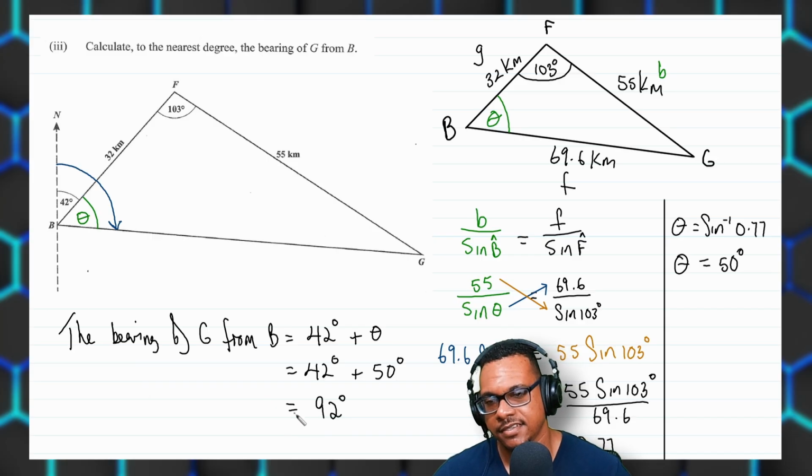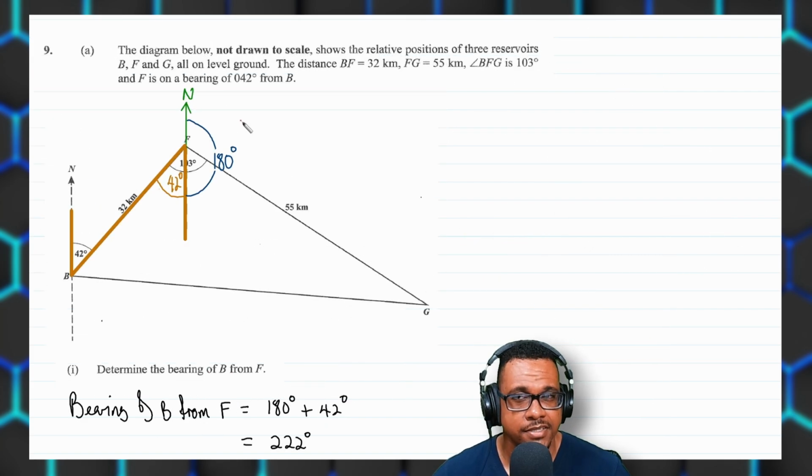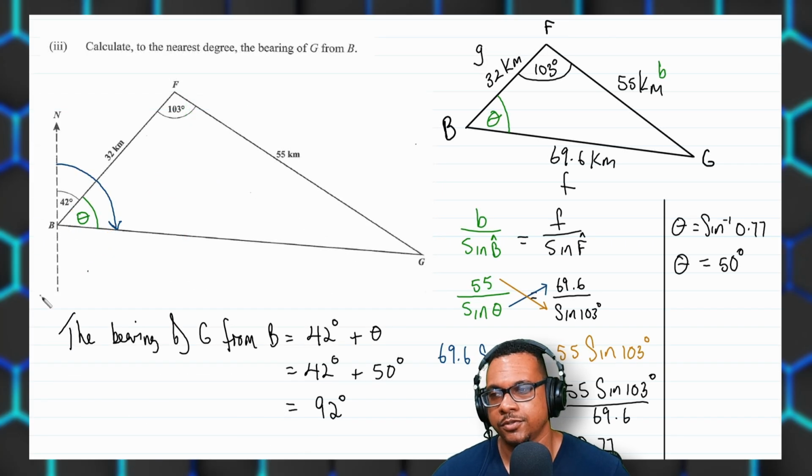And that's your answer to the nearest degree. Now we also know that bearings are written using 3 digits. So if you look back at part A, notice when they give the bearing of F from B, it was 042 degrees, which is 42 degrees. So this is good, but if you want, you can write the bearing as 092 degrees.